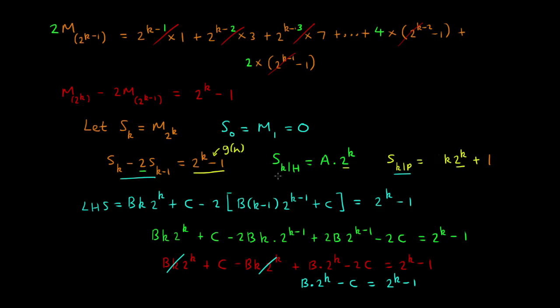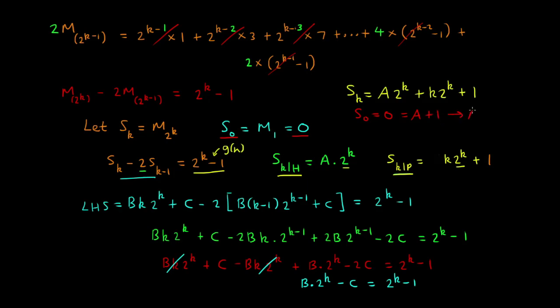And therefore the general solution to our recurrence relation is a superposition of the homogeneous and particular solutions. So we have sk is a by 2 to the k plus k by 2 to the k plus 1. And applying our initial condition, S0 is 0, we have a by 2 to the 0 plus 0 plus 1.